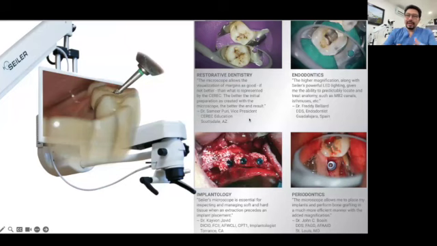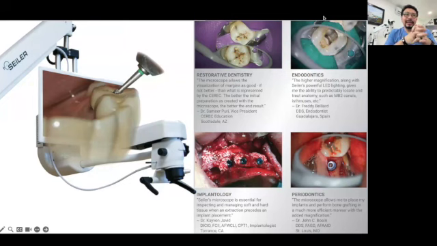So we have been talking about all the advantages that the microscope can bring to our clinical practice. And because of that, microscopic magnification has been applied in restorative dentistry, in endodontics, of course, in implantology, in periodontics.